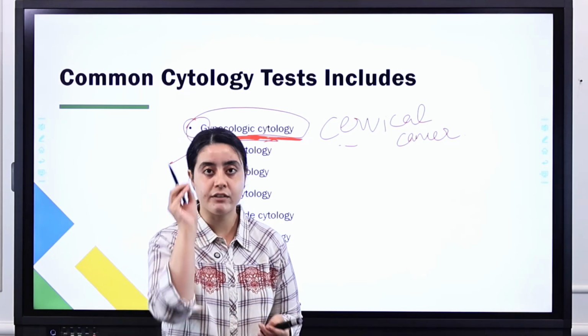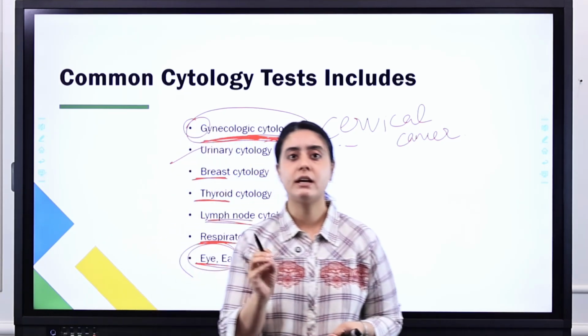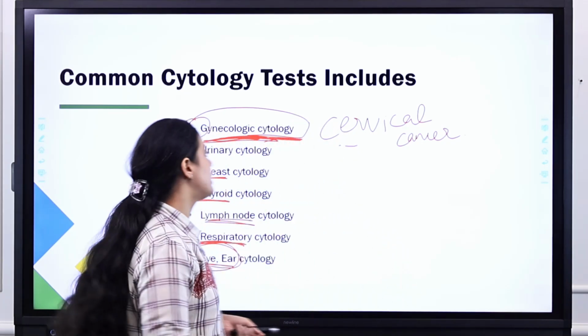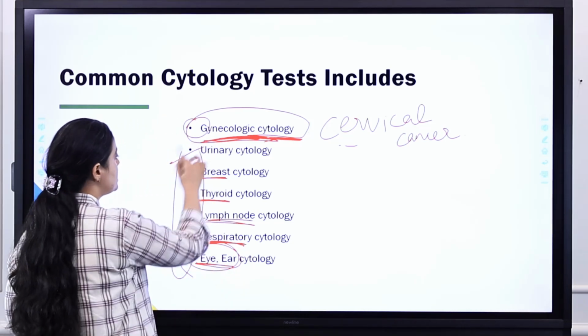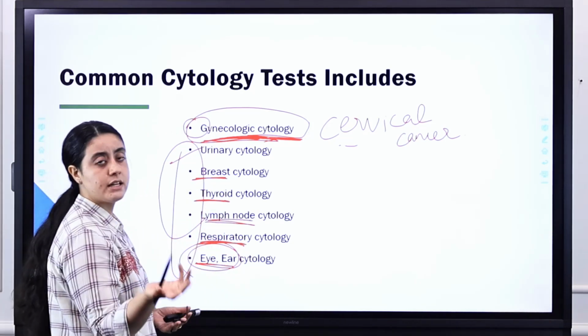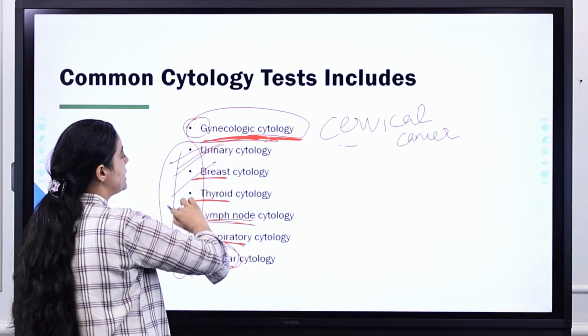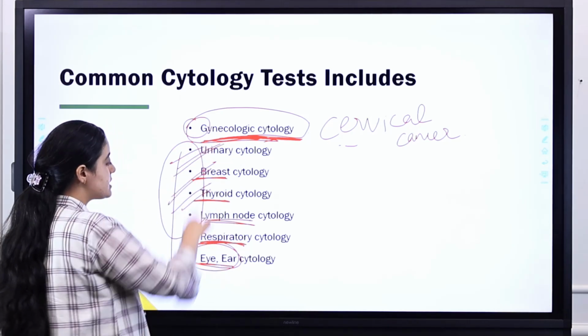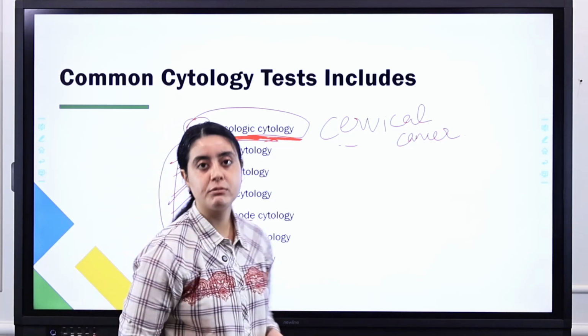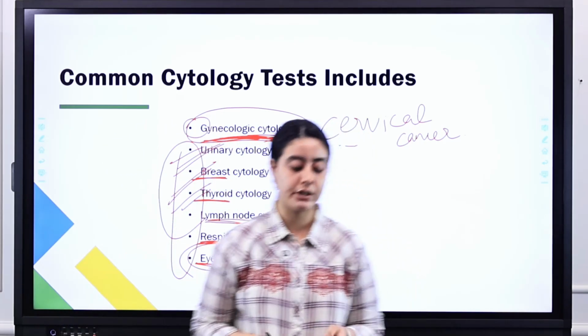Cancer can occur in any part of our body. Cancer cells may also be present in the urinary tract, the breast, or the thyroid. So these are the common tests which we perform in our cytopathology laboratory.